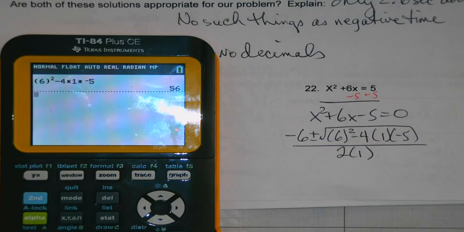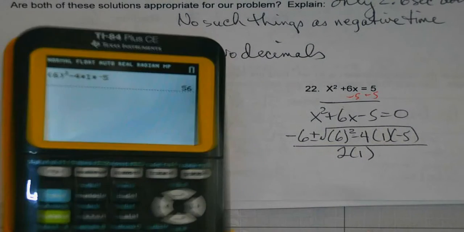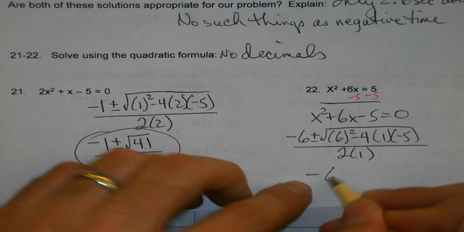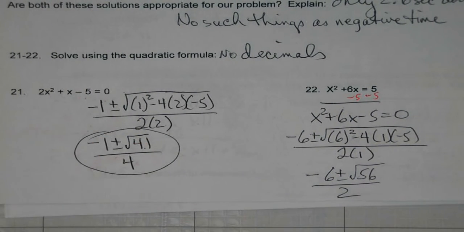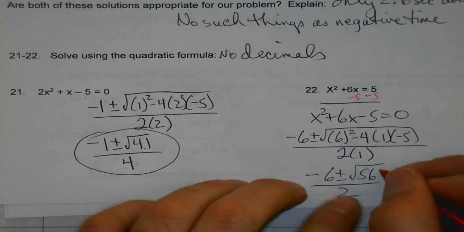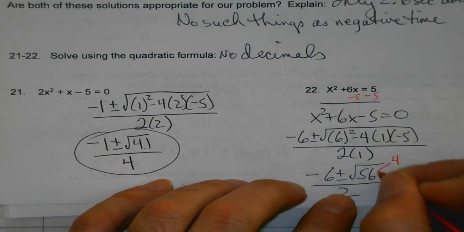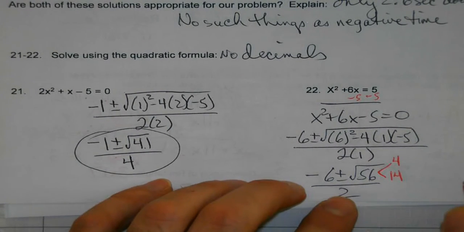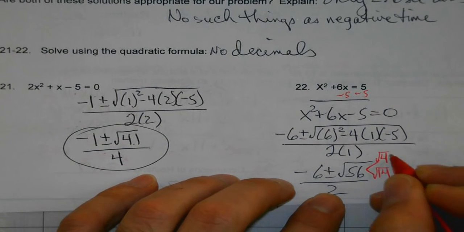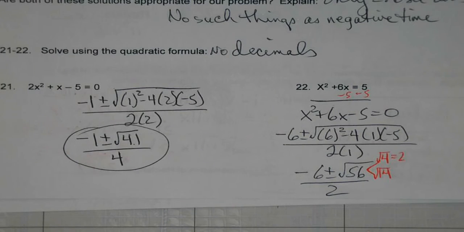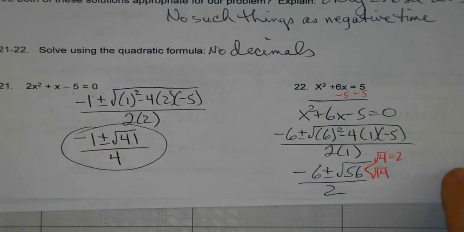No radical, just the 56. So negative 6 plus or minus the square root of 56 over 2. But here's where something different happens. When I take out my perfect squares list or think through them, I actually find a perfect square this time that's a factor, 4. And when I take the square root of each of these, one of them breaks down. The 4 does. It becomes 2.